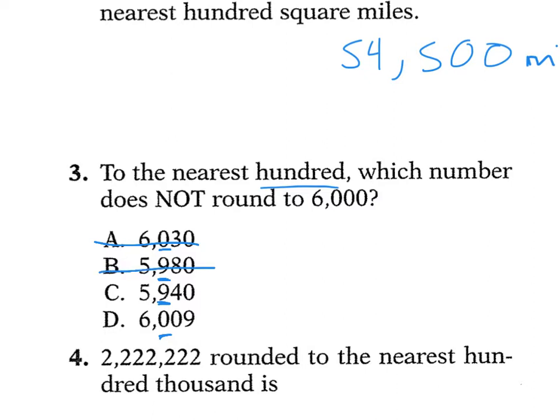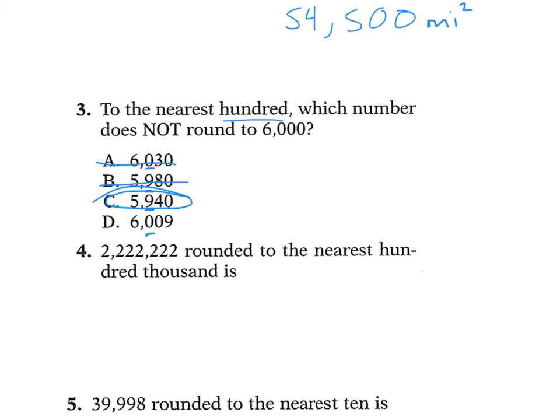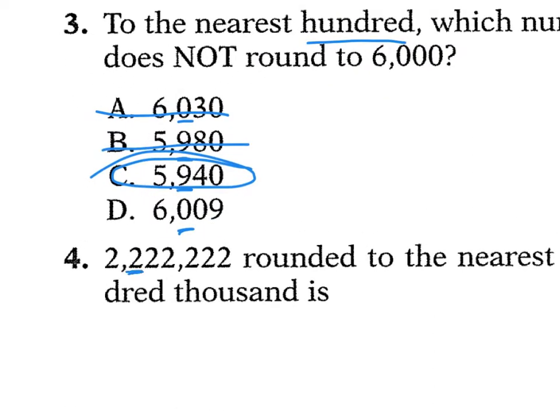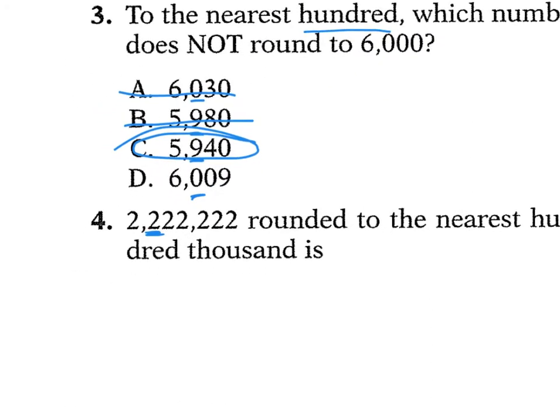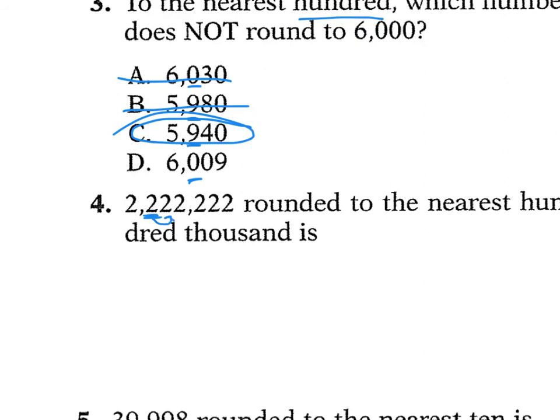C, the 4 would make the 9 stay the same, so this would be 5,900, so our answer would be C. For 4, we need to round this number to the nearest 100,000, so 100,000 would be this place. The 2 would make it stay the same since it's less than 5, so we have 2,200,000, and everything else becomes 0.